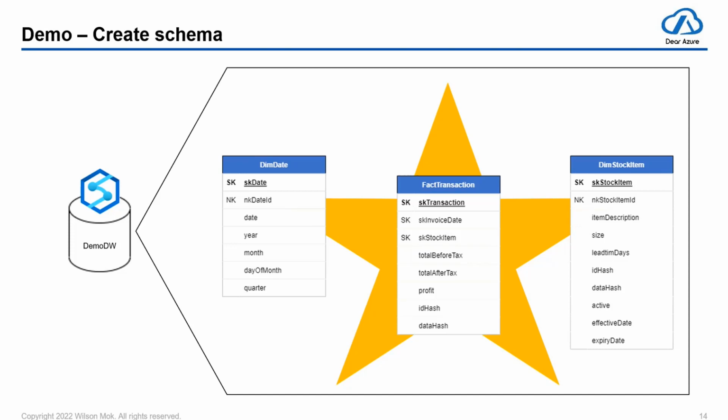Okay. So for our demo, we would have a much simplified star schema where we will have two dimension tables and one fact table. I'll describe them from left to right, starting with the dim tables first.